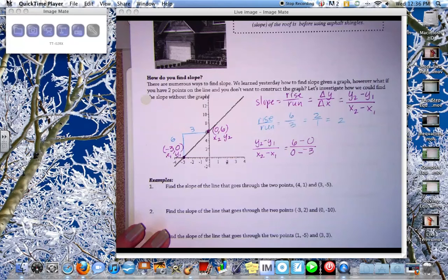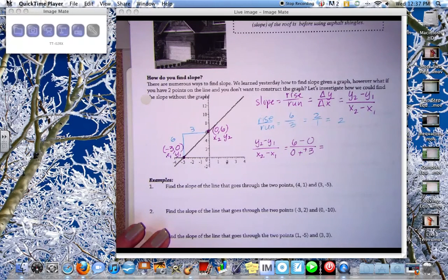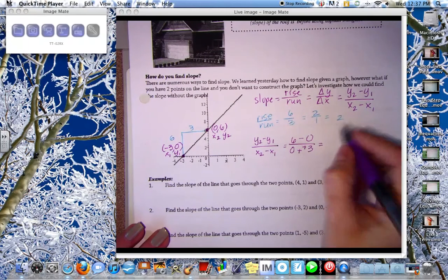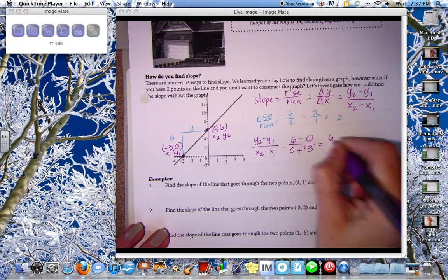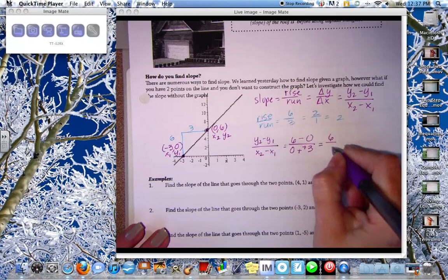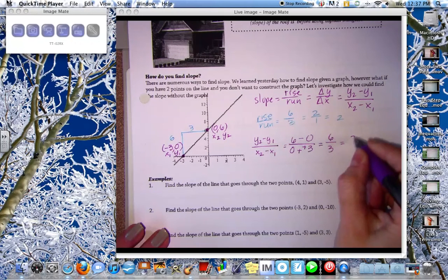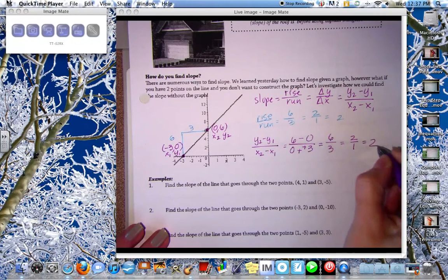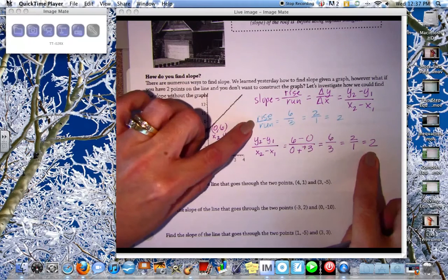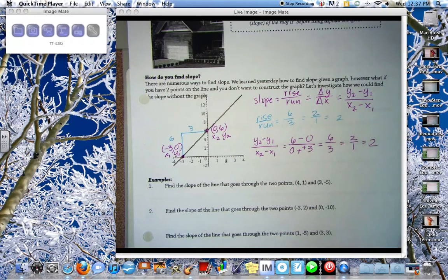We have 2 negatives next to each other, and that gives us positive. So on the top, we have 6 minus 0, which simplifies to 6. And on the bottom, we have 0 plus 3, which is 3. And that gives us 6 over 3, or 2 over 1, or just 2. So notice, either way that we find slope, we get the same answer. You should get the same answer if you're doing the process correctly.